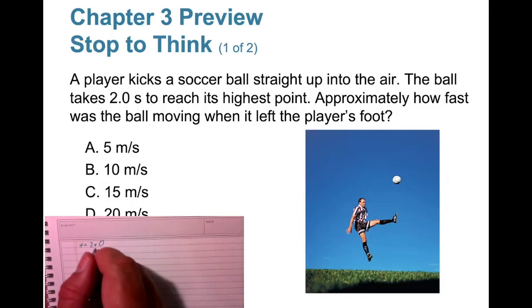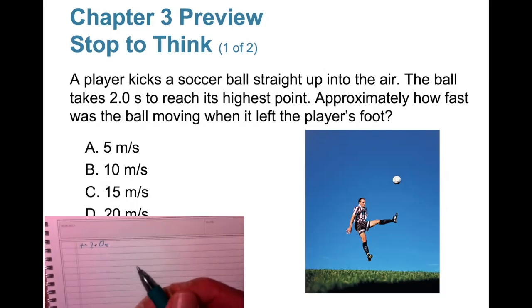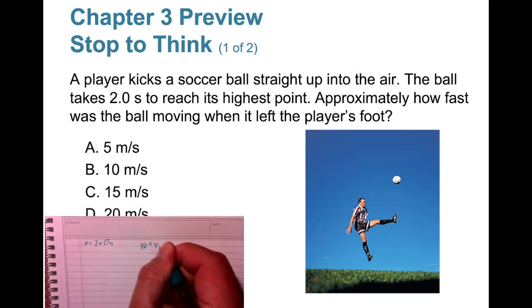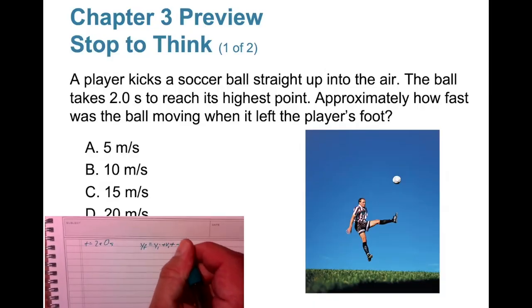What did I write here? 2.0 seconds to reach the top. So I'm probably going to use this equation: y final equals y initial. What I want to know is my initial velocity, so this will be vi times t minus 1/2 a t squared.